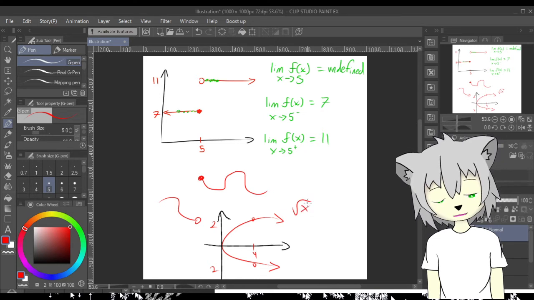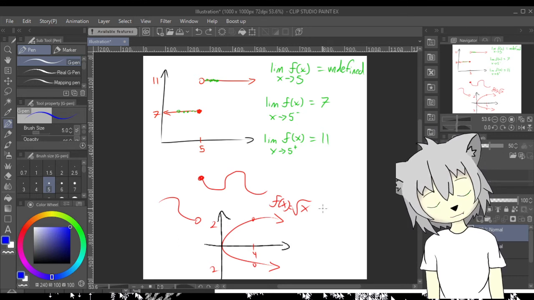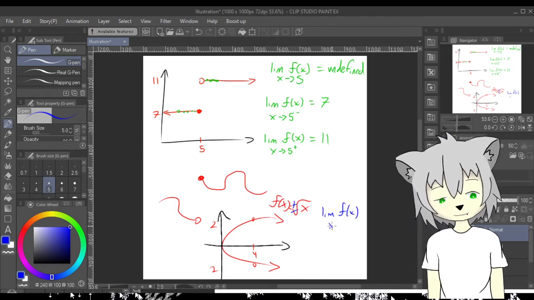Square root of x is f of x. The limit of f of x when it's plus or minus the square root of x when it approaches 4.